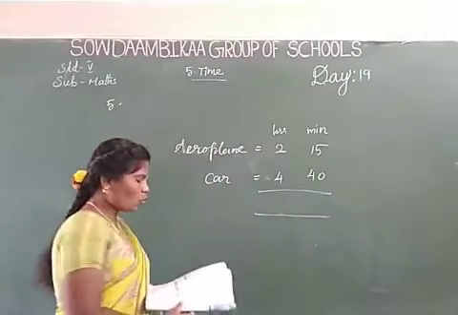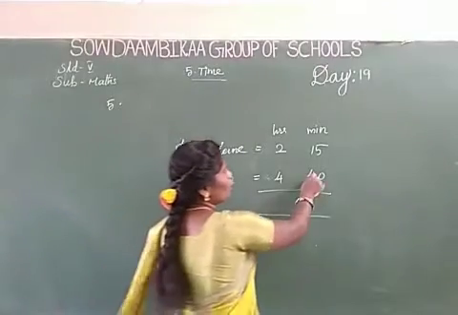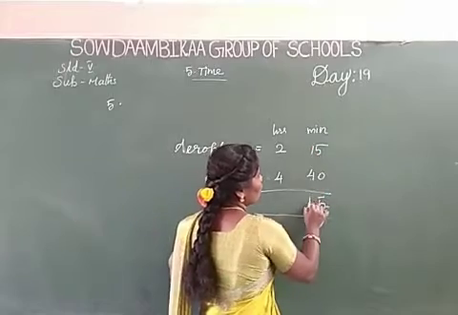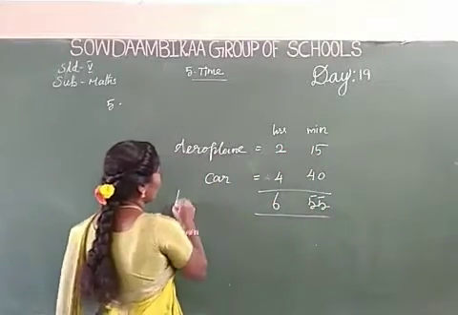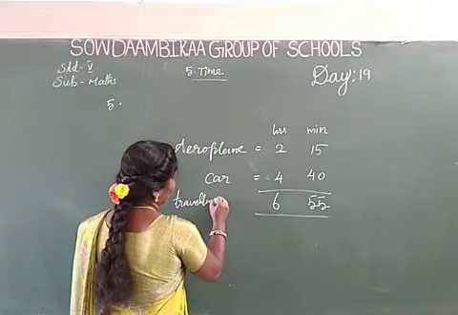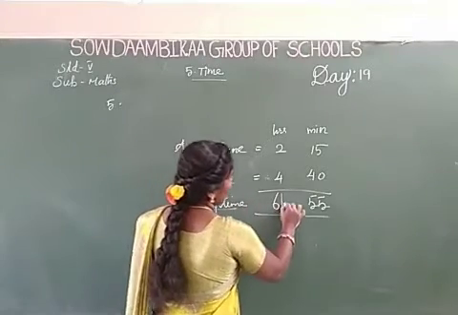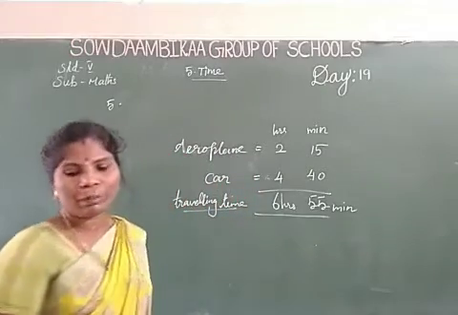So what is the total time of travel? Now add: 40 plus 15, 5 plus 0 is 5, 4 plus 1 is 5, 2 plus 4 is 6. The total traveling time is 6 hours 55 minutes.